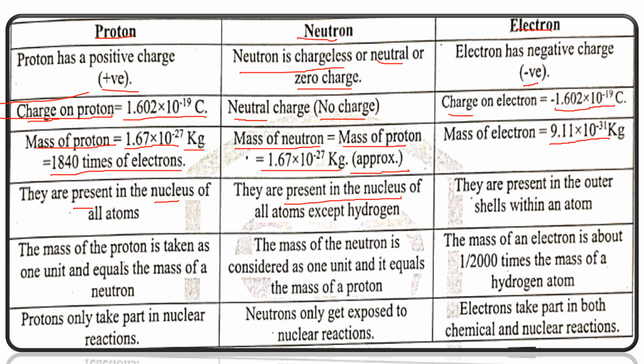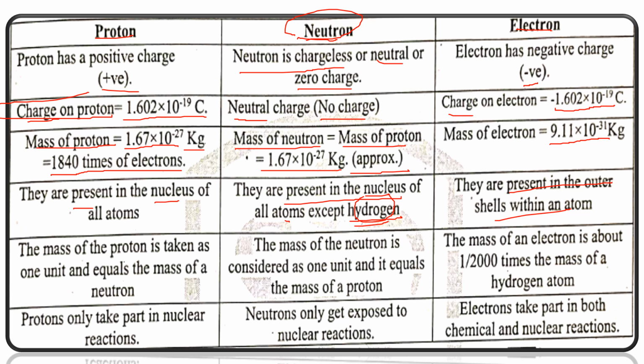But in the case of hydrogen, the neutron is not present in the nucleus of the atom. This is the exception. The electron is present in the outer shell of an atom.